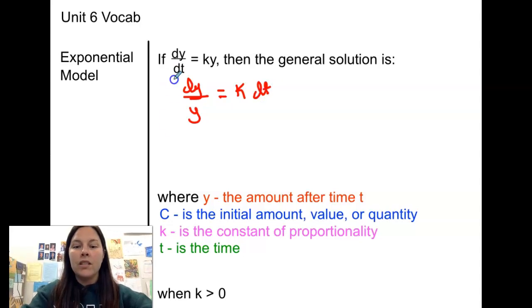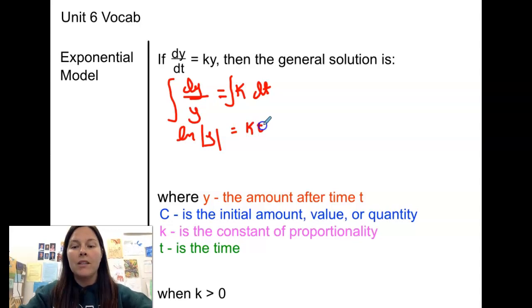All right, and then we're going to integrate both sides. Well, the integral of 1 over y is the natural log absolute value of y. And here we just have a constant, so when we integrate a constant, we just multiply it by the variable. On the right, we're integrating with respect to t, and then our constant of integration plus c.